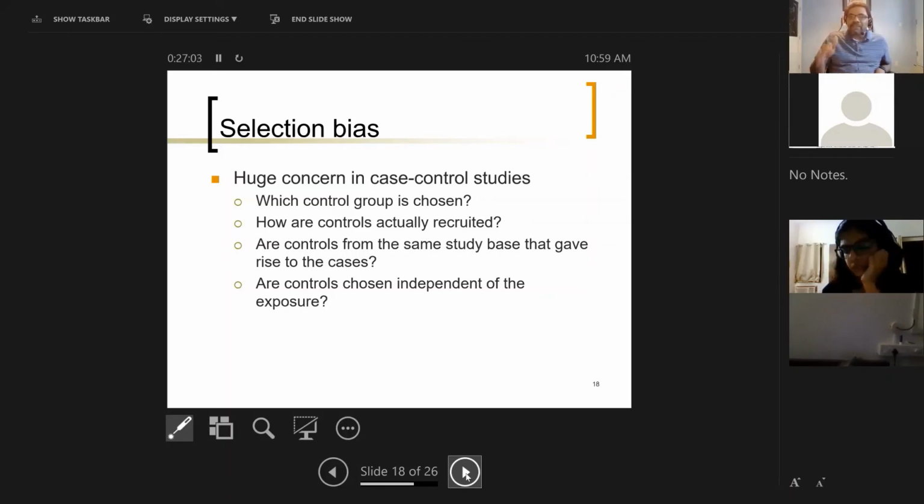The fate of a case control study hinges extraordinarily on that critical variable. Did you get a fair control population? In other words, were your controls representative of the mother population from which cases arose? If the answer is no, then you probably have a huge selection bias in your study.